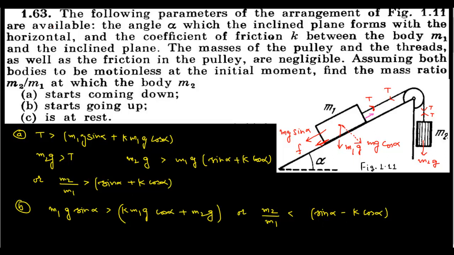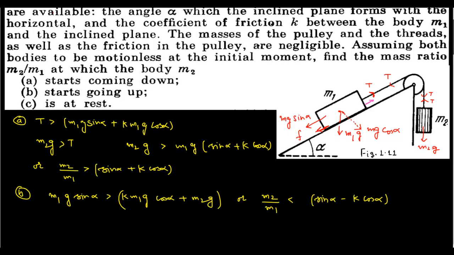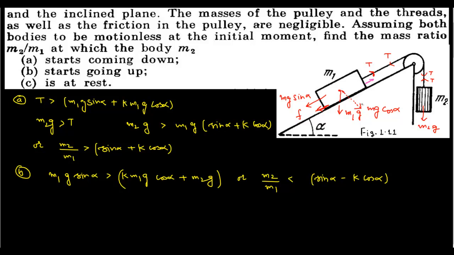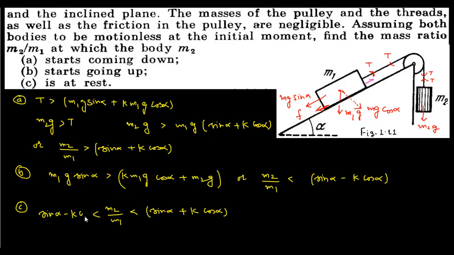Now for situation C, the block M2 is at rest, meaning neither of the conditions is allowed, so the situation is intermediate between these two values. Neither block is going up nor coming down, and hence we can write that M2 by M1 is less than sine of alpha plus K cos of alpha, and M2 by M1 is greater than sine of alpha minus K cos of alpha.